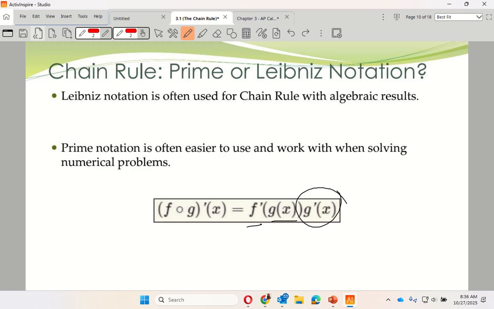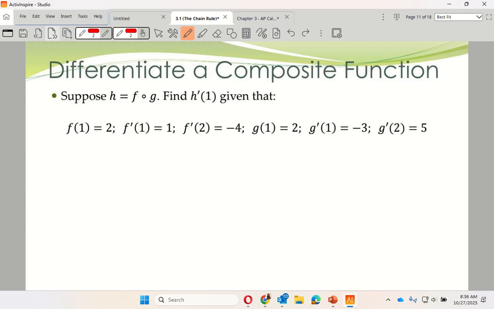I need to know what g of x is, so of 1, I'm looking for 1. So h prime of 1 is equal to f of g of 1 times g prime of 1.